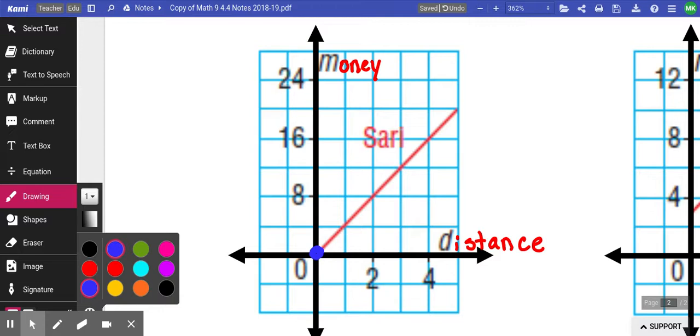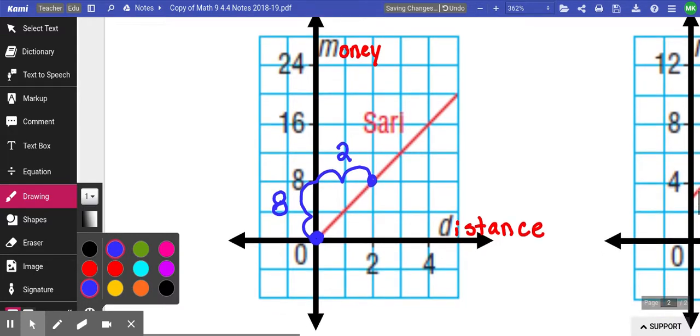The second thing I can figure out is the rate at which she makes money for her charity. That's known as your slope. So if I looked at this and calculate, say, her slope, I notice that it goes up 8 and over 2. So her slope is 8 divided by 2, which is just 4.